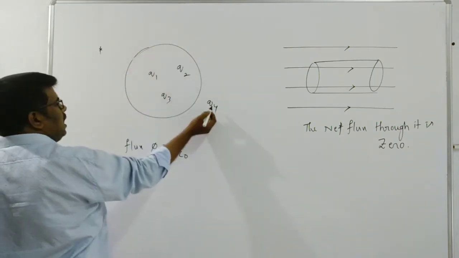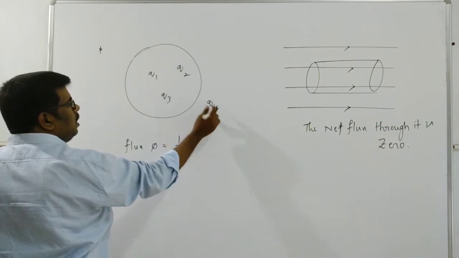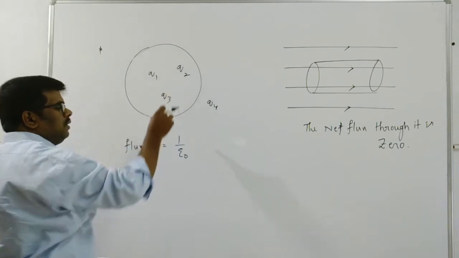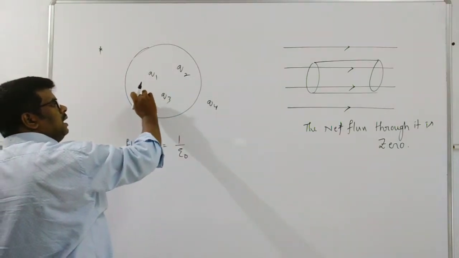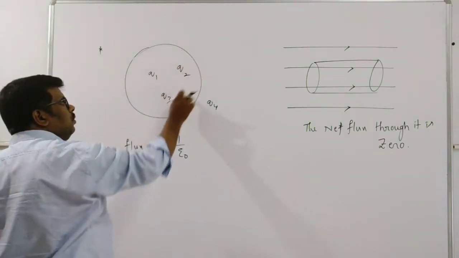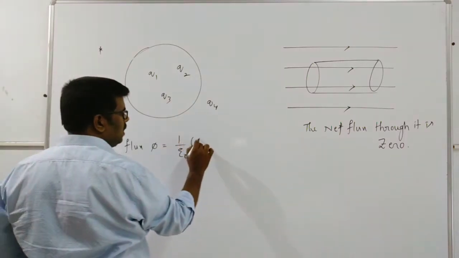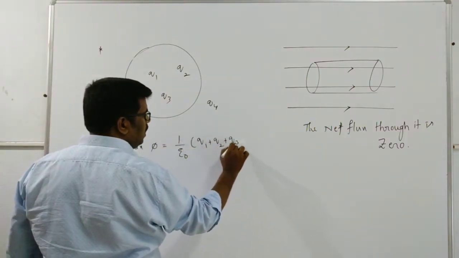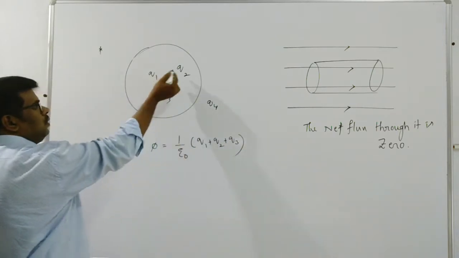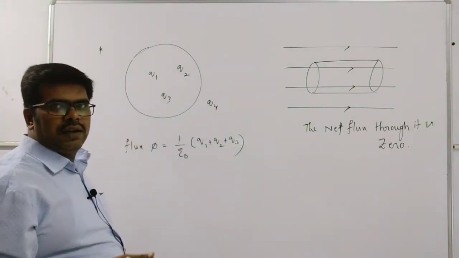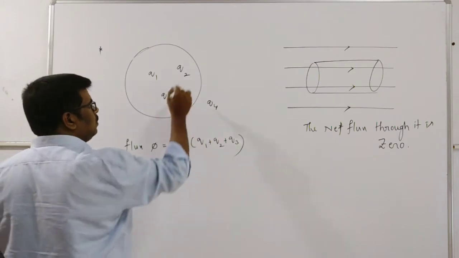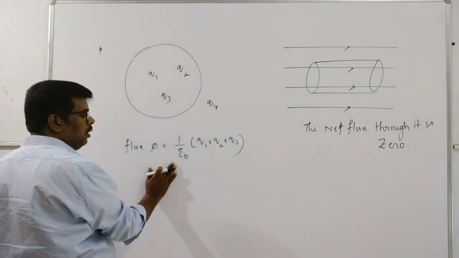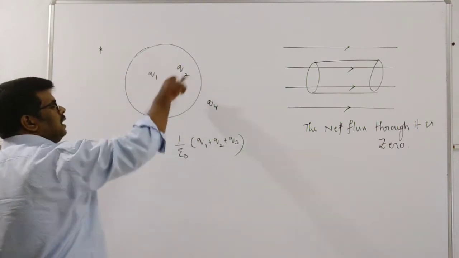The charge which is outside does not produce any flux through it. The flux through this closed surface is determined by the charge enclosed, that is Q1 plus Q2 plus Q3. Whether they are positive charges or negative charges, you can take it. So the net flux through the closed surface is 1 by epsilon naught times the net charge enclosed by it.